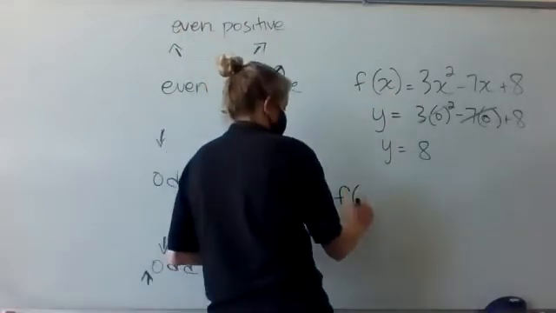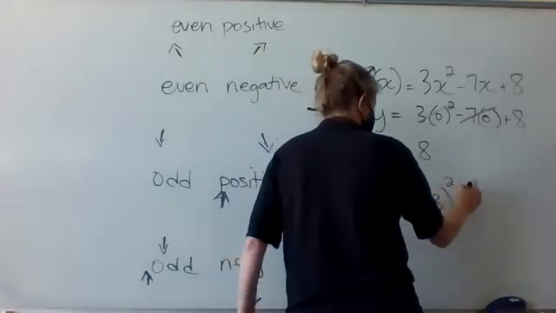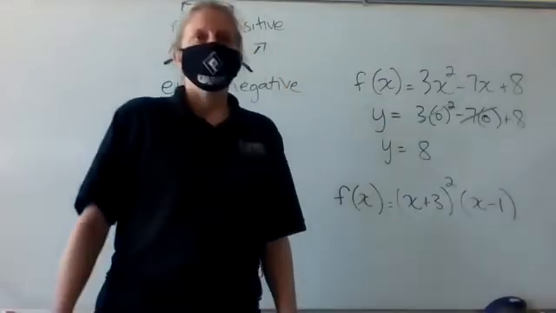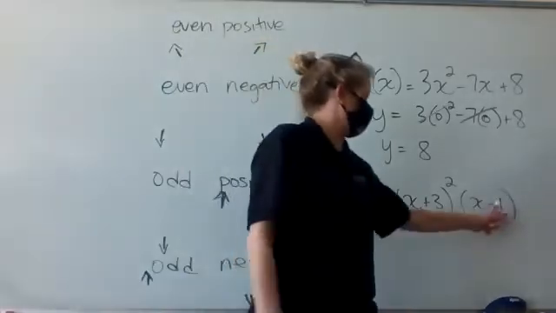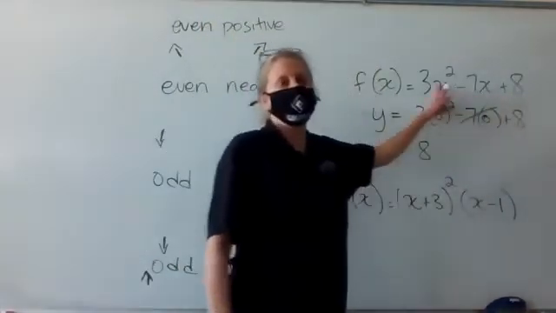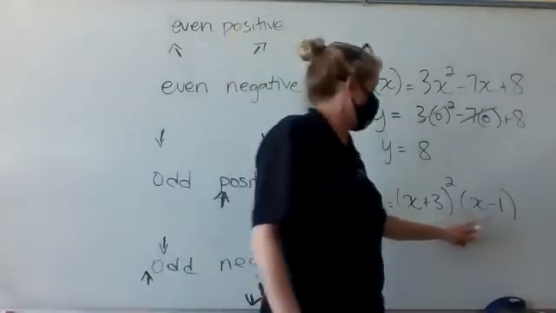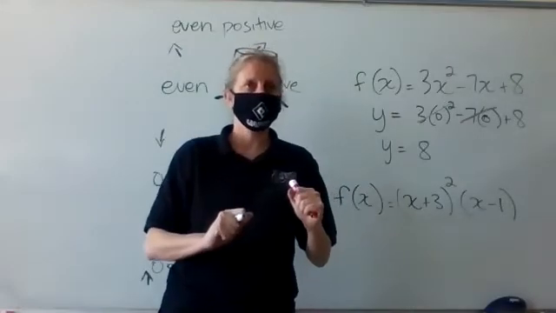If your function is written like this, if I'm going to find the Y-intercept, I'm going to have to FOIL this and then multiply that times X minus 1 to get it to be written out like this. However, this is in factored form. I can find the X-intercepts.